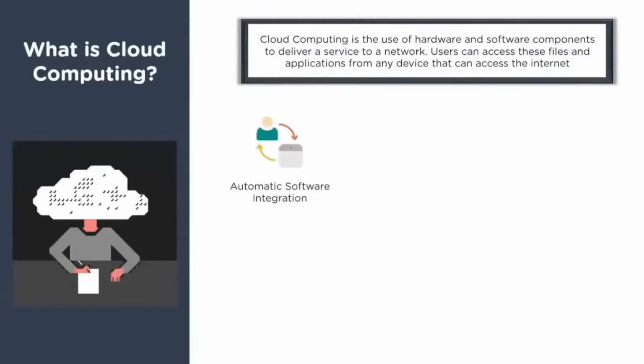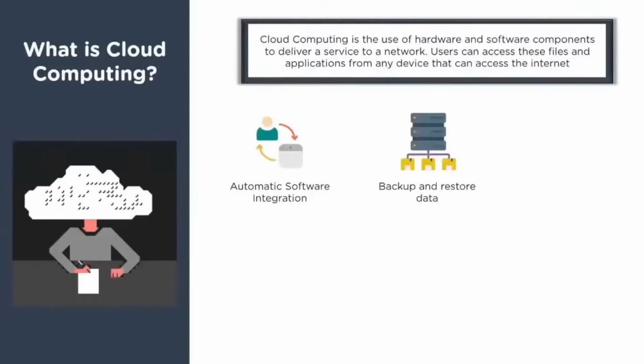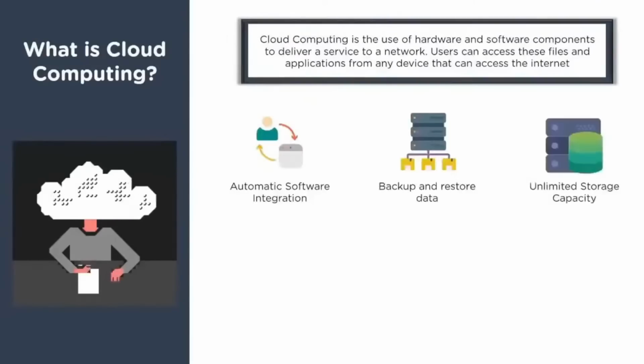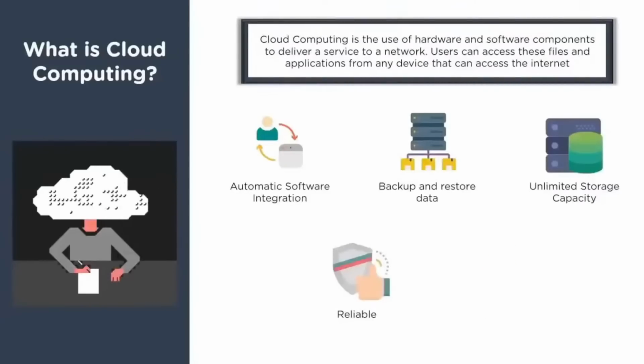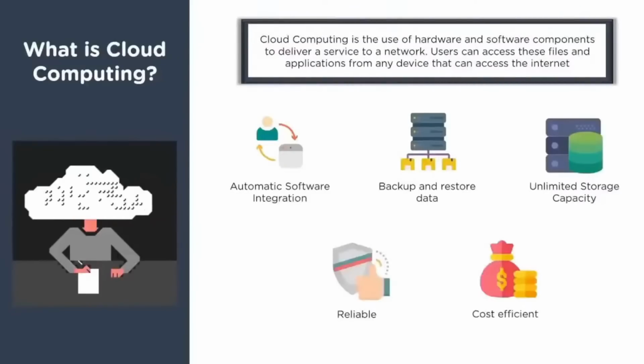Now that allows us for automatic software integration, backup and restoring data, unlimited storage capacity, having a reliable use of different services, and having a cost-efficient solution. Now, we know that cloud computing models, there are different service models.